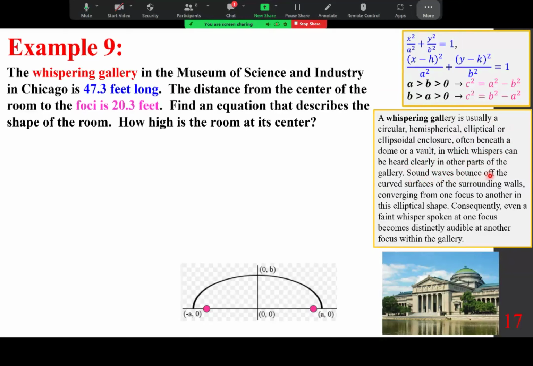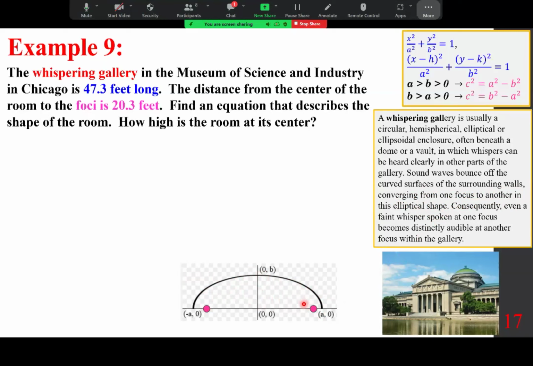Sound waves bounce off the curved surface of the surrounding walls, converging from one focus to another in the elliptical shape. So you're standing here, you whisper, it hits the walls, and it focuses at the other foci. So focus 1 to focus 2.